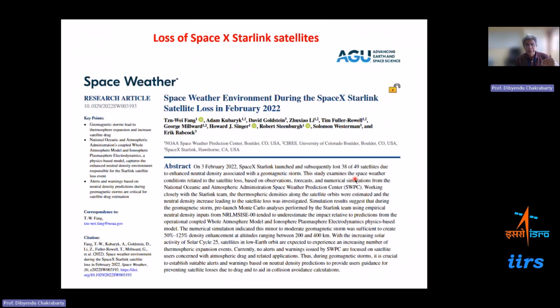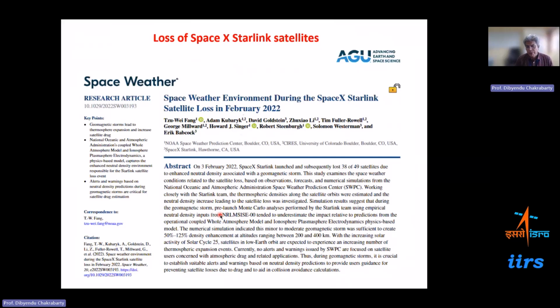Going by the empirical model, when scientists in the company estimated the drag, they used something called an empirical model, which is not a physics-based model. That means it puts some value based on past observations, some value here, and it extrapolates somewhere else.